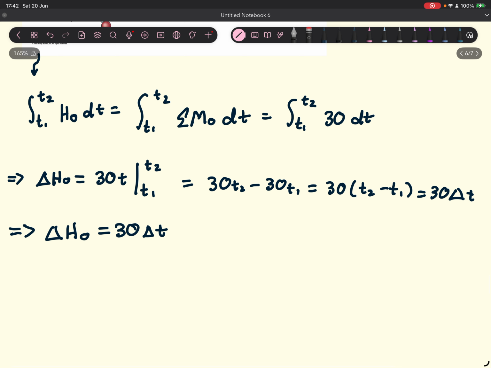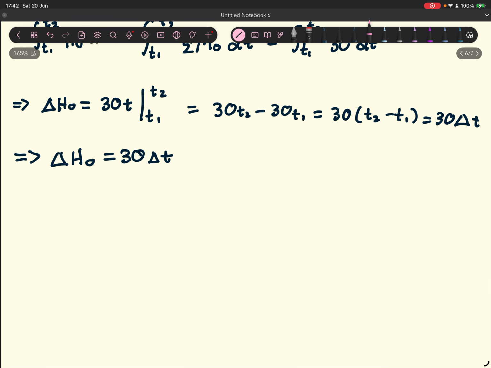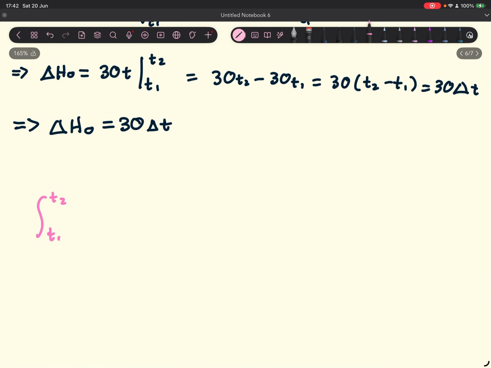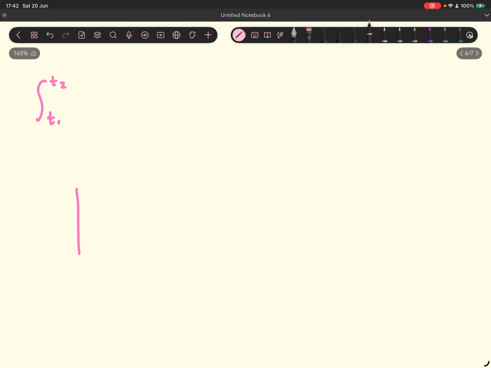And remember, if we wanted our angular momentum to be conserved, then we'd need to look at a specific point where the sum of moments is 0. So let's say that we had a rod that was swinging like this, right?